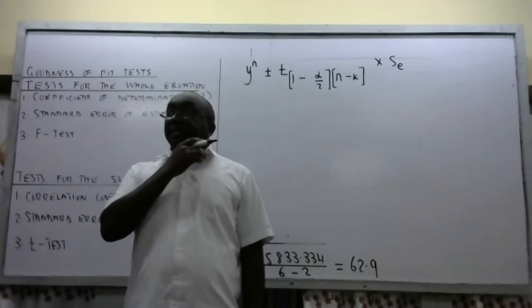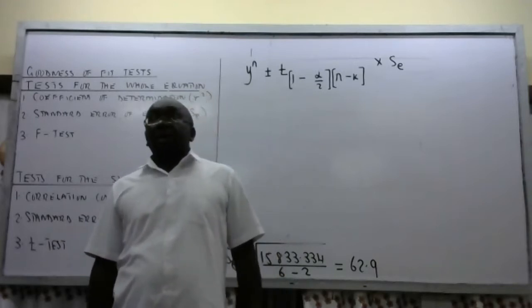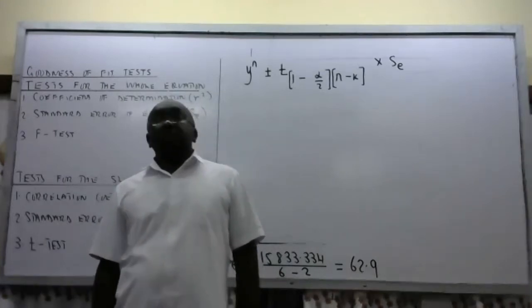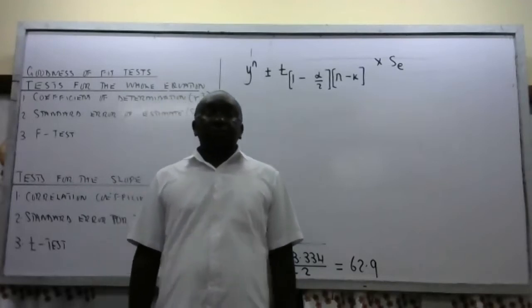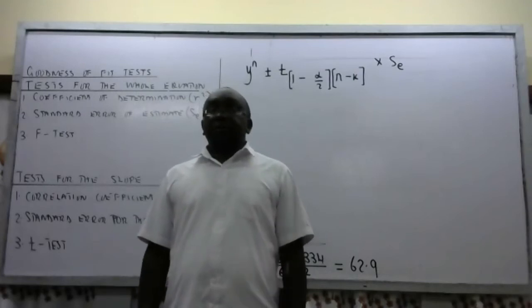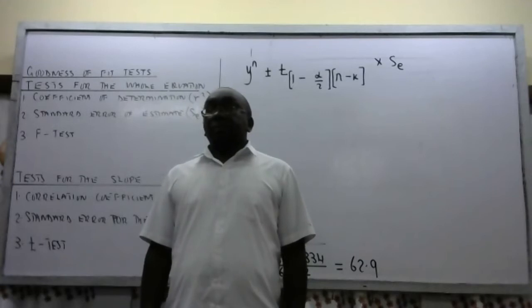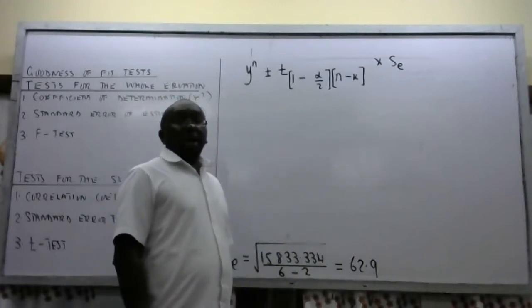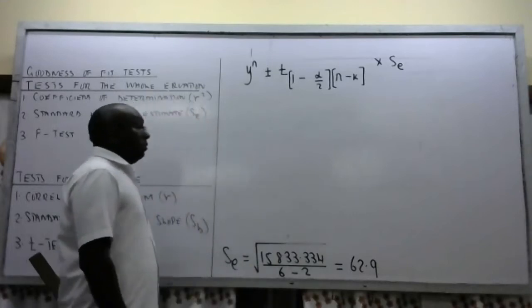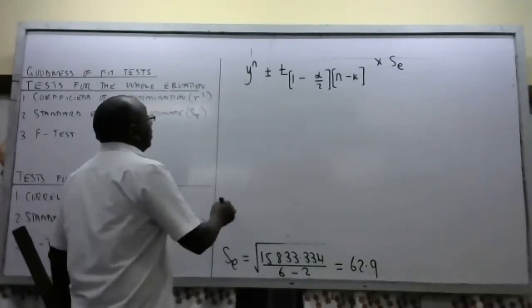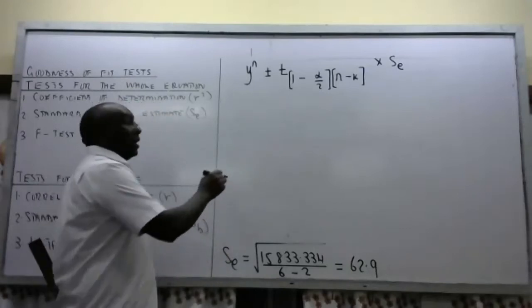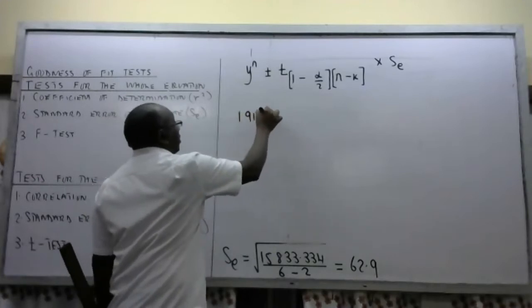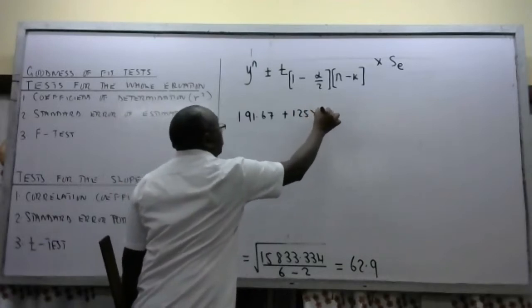A 95% confidence interval for the predicted repair costs when labor hours are 15 will be: our equation was 191.67 plus 125 times 15.